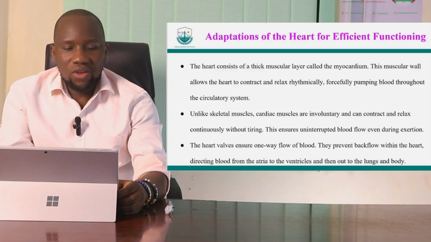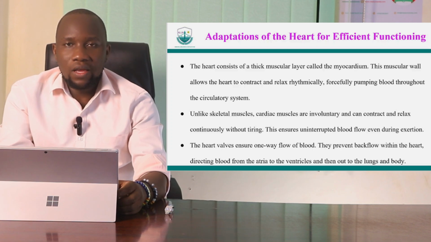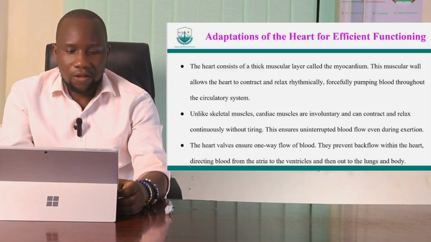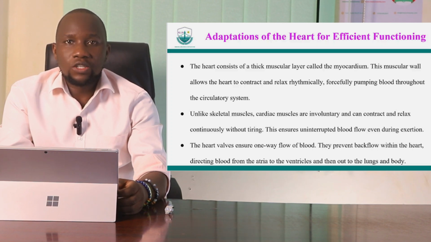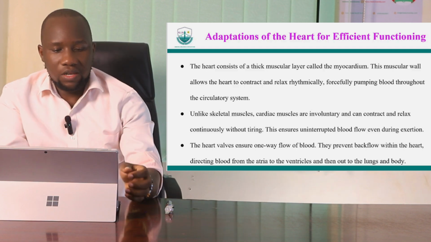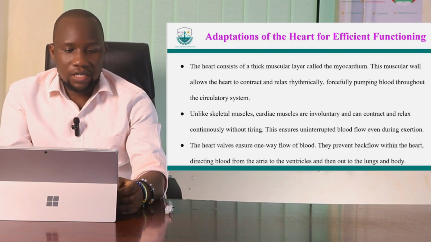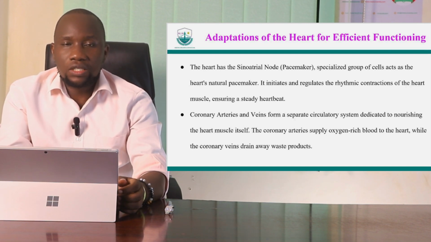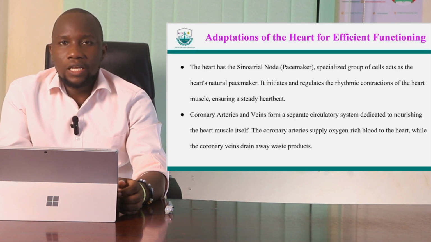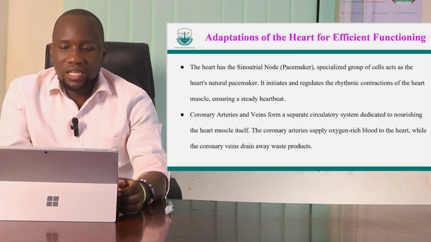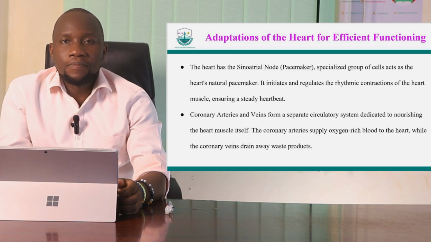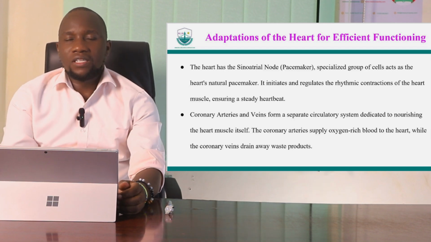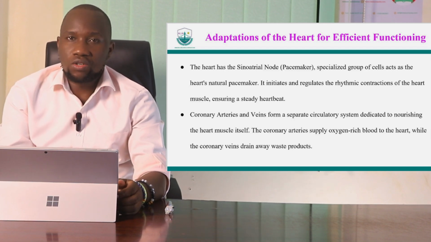Okay, and then we have the valves. The valves enable one-way flow of blood, and that makes it unique in ensuring that the blood moves in one direction. The heart also has what we call the sinoatrial node. You can call it the pacemaker. We have already said that the cardiac muscle is unique because it generates its own contractions.